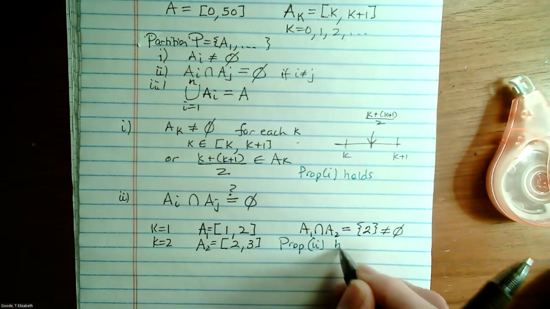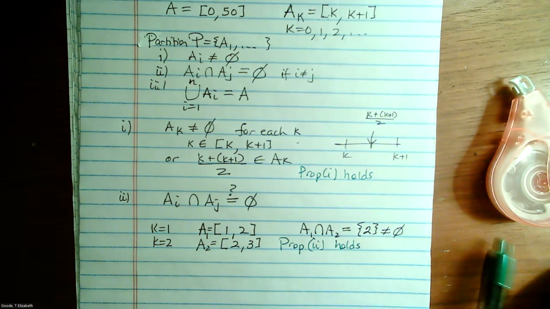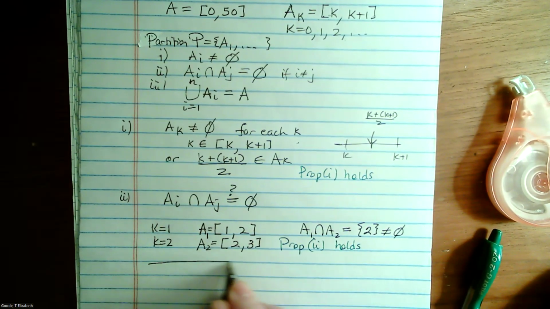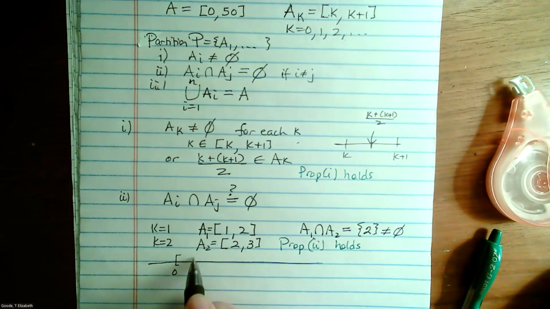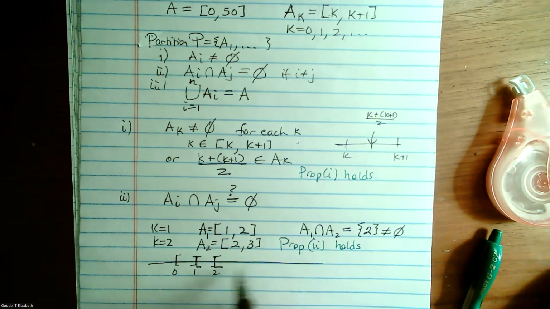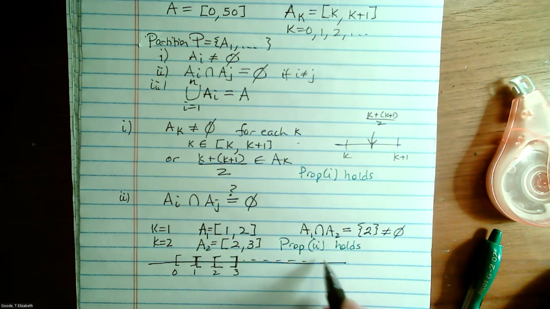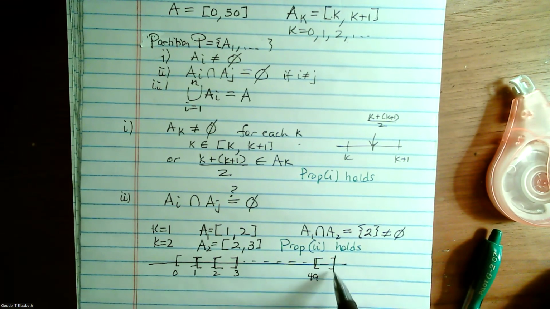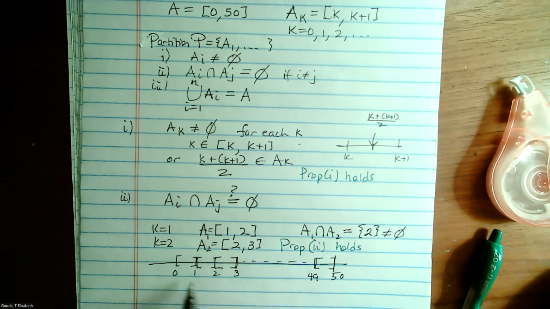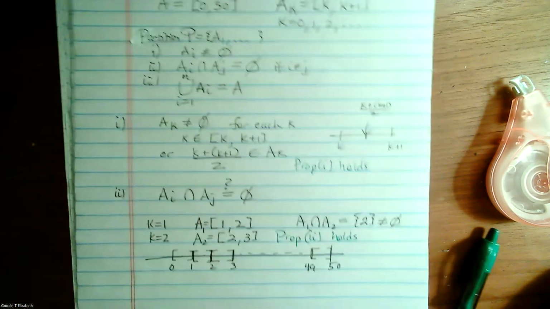because if you take the intersection of adjacent sets, like if you draw the number line and look at them, we start with k equals 0, so we start at 0, and then it goes to 1. And then the next one picks up at 1 and goes to 2. And the next one picks up at 2 and goes to 3. And you keep on going till you get up to 49, and it starts at 49, and it goes to 50 and includes 50, right? So they intersect here if they're sitting right next to each other, if they're adjacent.